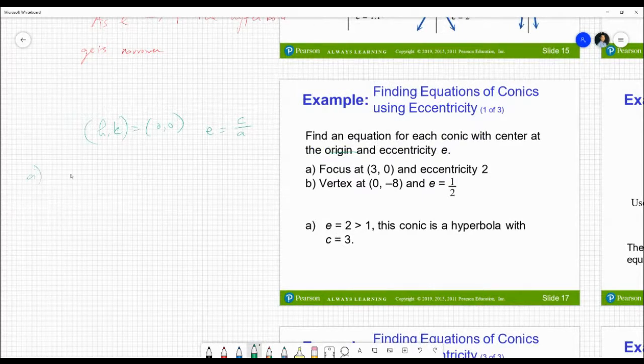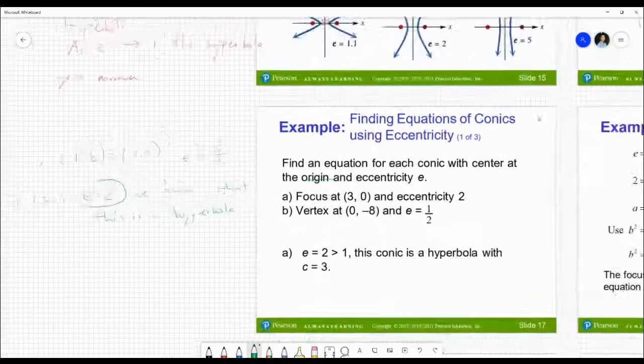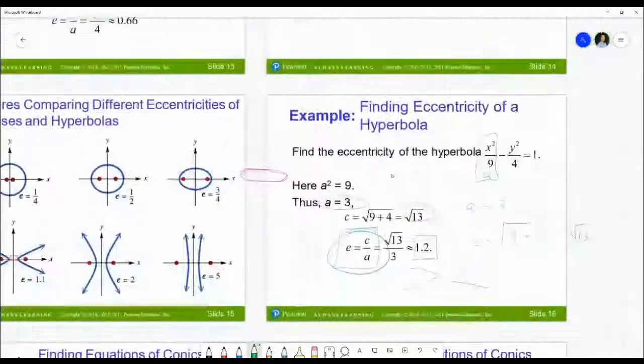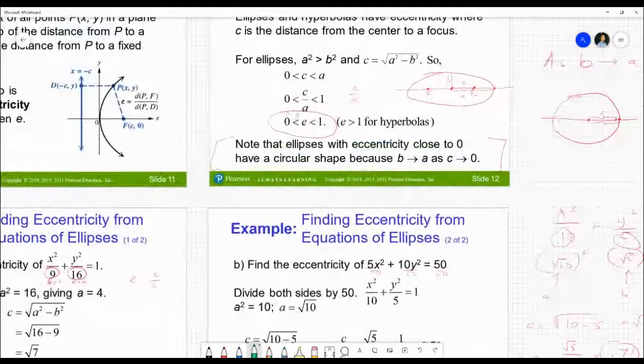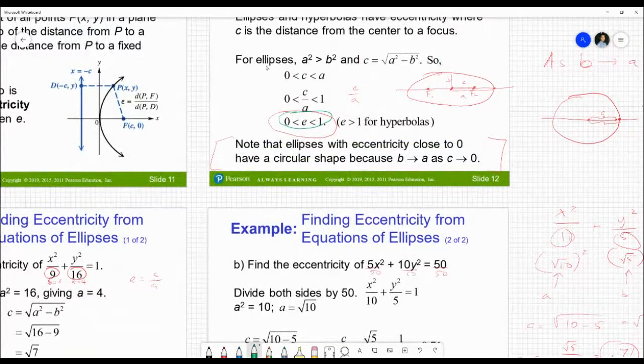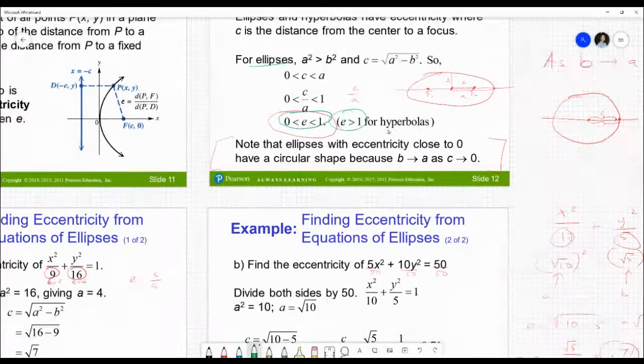All right, so the focus is at 3, 0, and e is equal to 2. Now, since e is 2, we know that this is a hyperbola. If you look up here, if e is between 0 and 1, we're going to have an ellipse, but if e is greater than 1, we have a hyperbola.